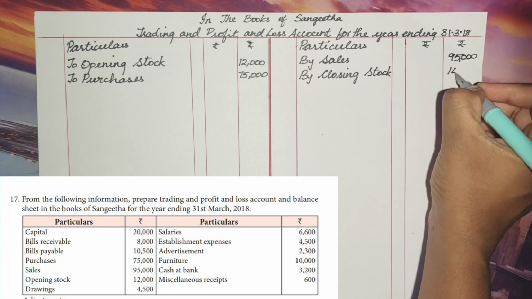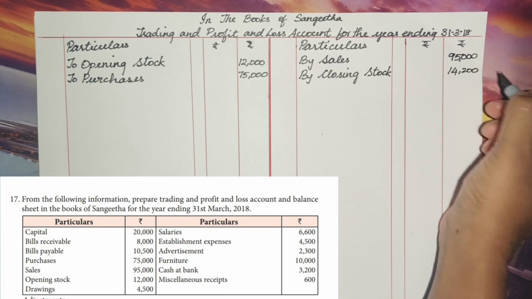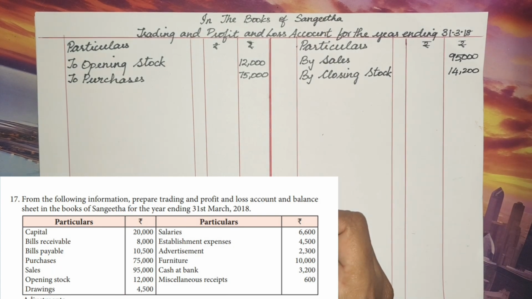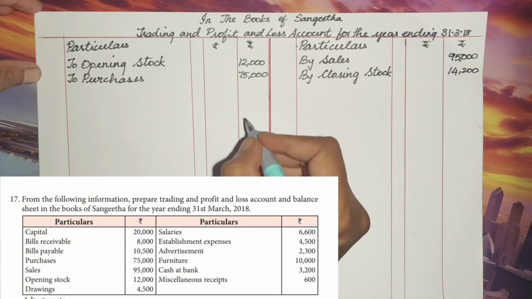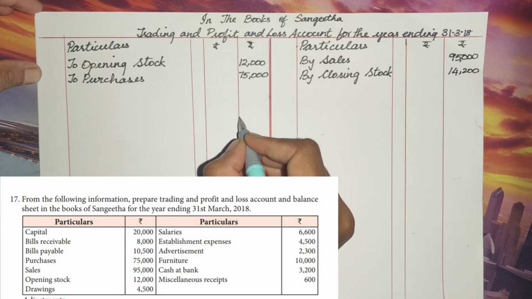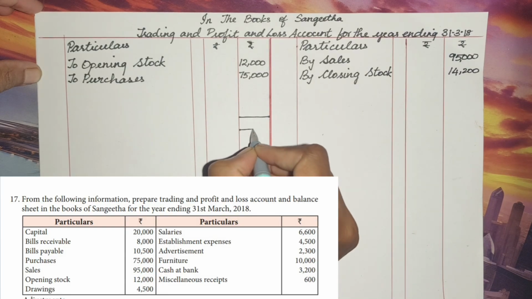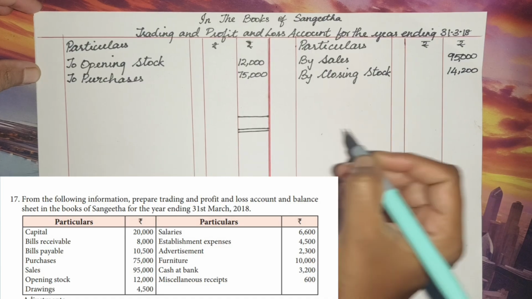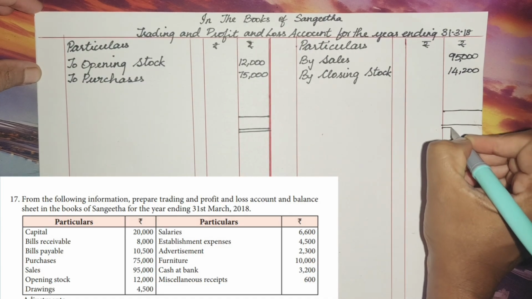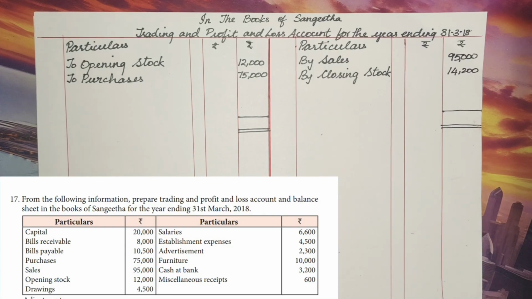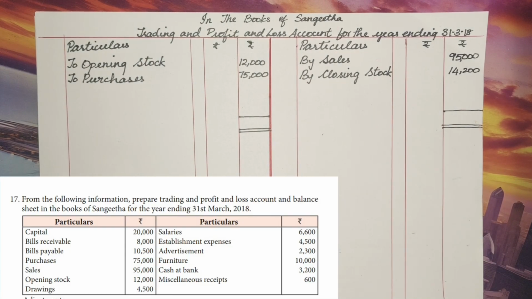So we're going to add the debit side and the credit side and compare, for the greatest to be written in the grand total on both the sides and the least side to be the answer. Leave 3 lines and you can draw the grand total. When we add the credit side first, we get 1,09,200, and when we add the debit side, we get 87,000.